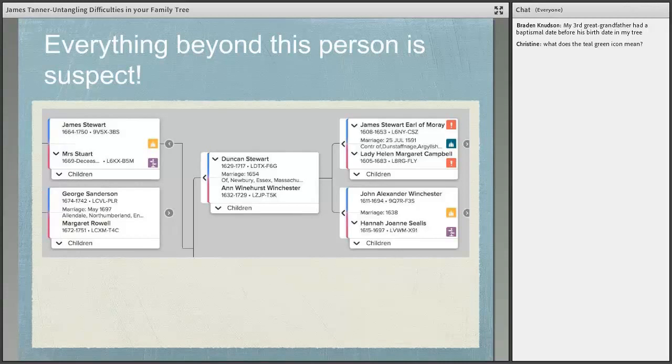Someone at one point in time saw a green icon, meaning there was temple work available, went through and clicked on it, turning it into ordinances are pending. As an editorial comment here, the fact that there were ordinances pending in this situation, where there was no information to substantiate the relationship of these people, is a question. It's really an issue.